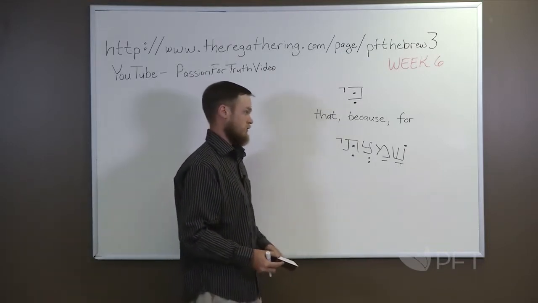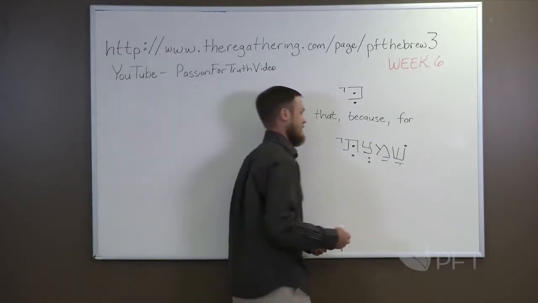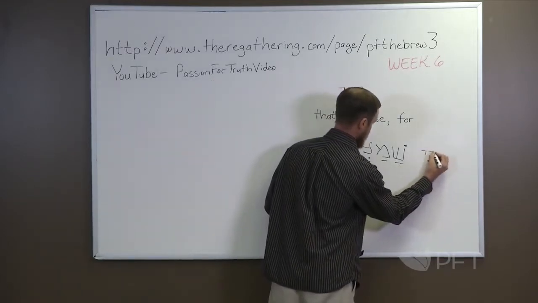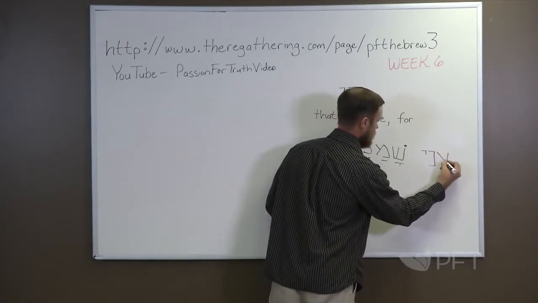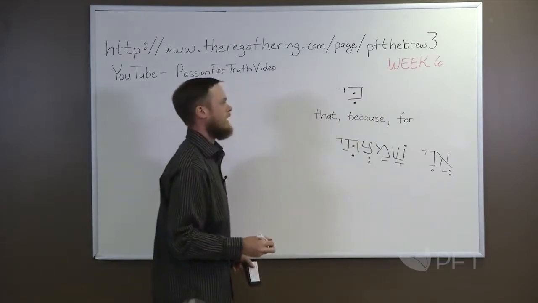And this is our past tense, first person singular. So shamangti would be I heard. We could also add ani onto this, but we don't have to. But that would be the accompanying pronoun. Okay, ani shamangti, I heard.